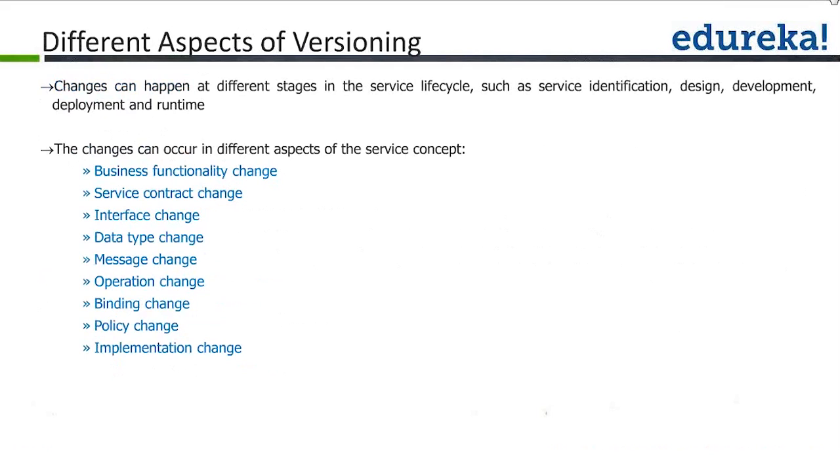Now there are different aspects of versioning. Changes can happen at different stages in the service life cycle. So now you've started getting a feeling, I guess, that whatever I'm discussing here is not something very new which you have never heard about.